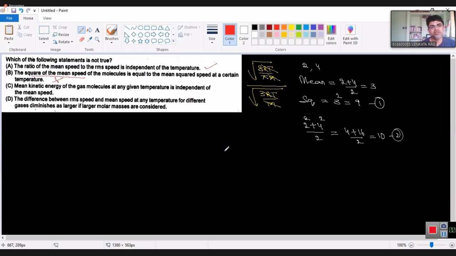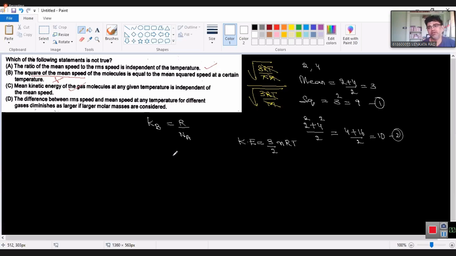Mean kinetic energy of a gas molecule at a given temperature is independent of mean speed. Correct? Why? Because kinetic energy for n moles of gas is equal to 3 by 2 nRT. And we know the Boltzmann constant is R by Na.